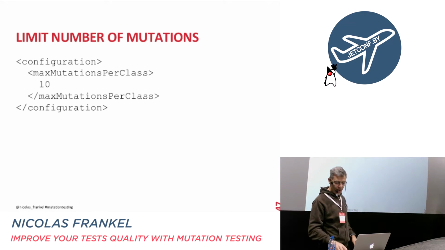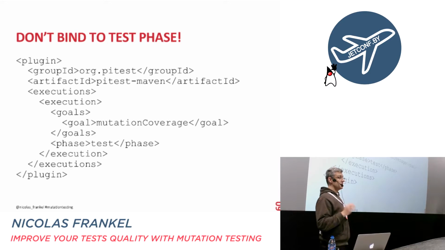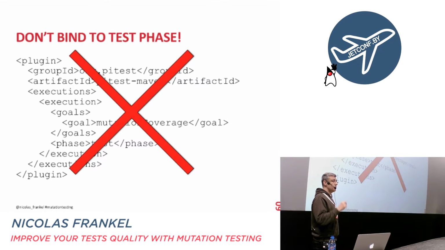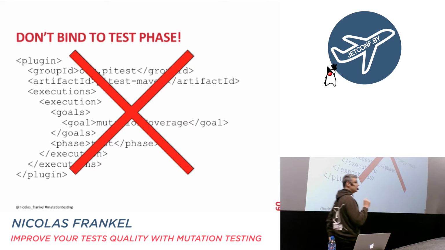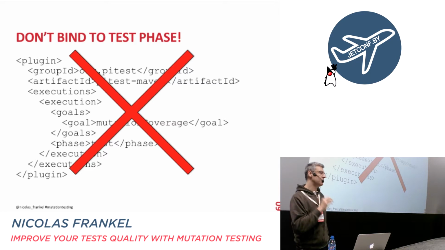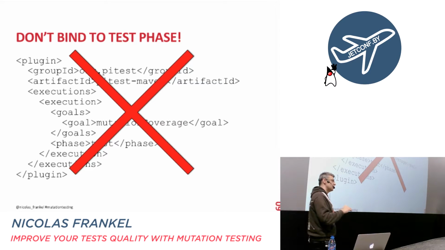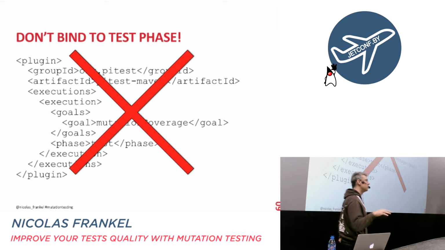What is very, very important, and that I did on my first demo, I bound the plugin to my test phase, meaning every time I run mvn test, it runs the plugin too. And that is very stupid. That's good in a demo. I don't do something stupid for no purpose, right?